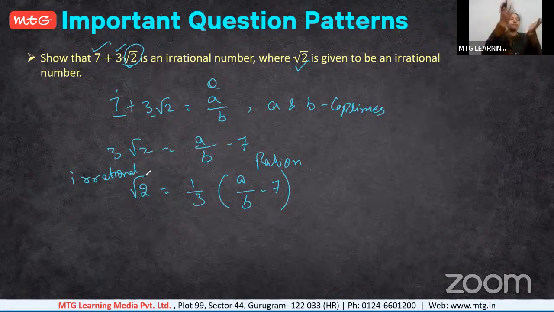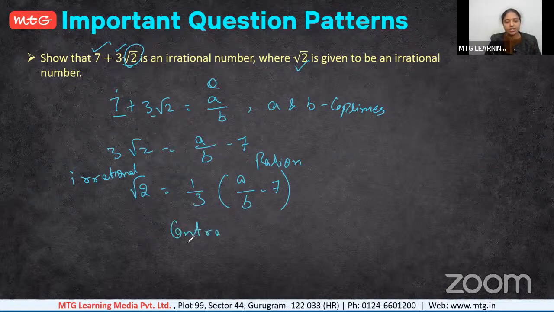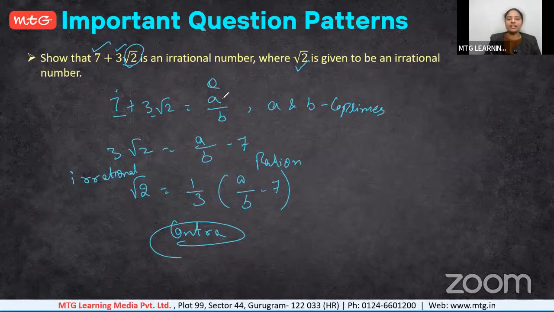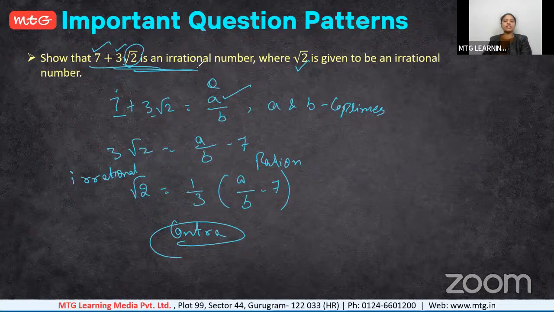A rational part being equal to an irrational part can never happen. So, this is again a contradiction that we have. Why did we get to this contradiction? Because our assumption is wrong. Because our assumption is wrong, you can come to a conclusion that 7 plus 3 root 2 is irrational. So, this is how we do it.